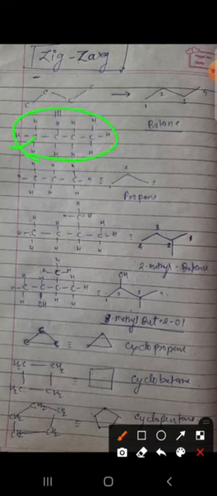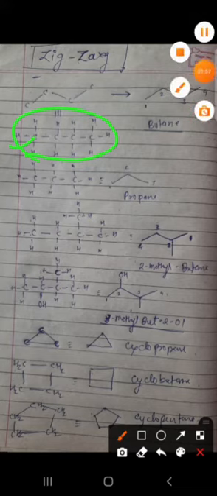But zigzag representation makes it better for reaction mechanisms, and it is also better for writing. It is easy to write. That's why we approach zigzag representation first, and it is a very convenient method for us to draw the carbon chain.